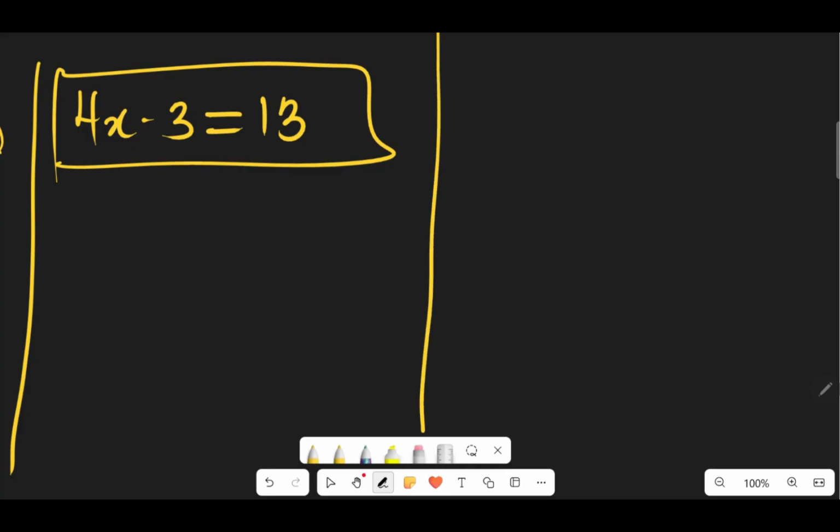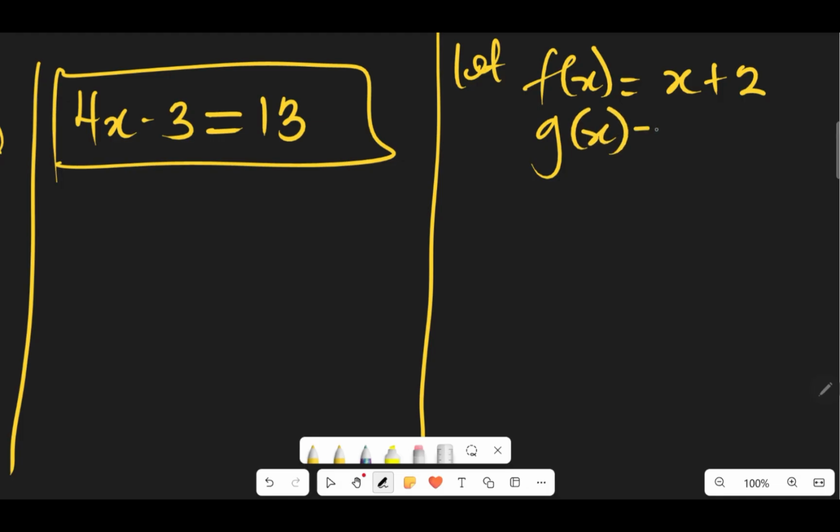Now, the next thing that we want to look at is composite function, a question under that. So we have, let f of x being equal to x plus 2, and we also have g of x being equal to 2x. We are to find f of g of x.